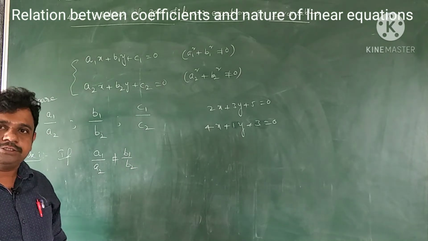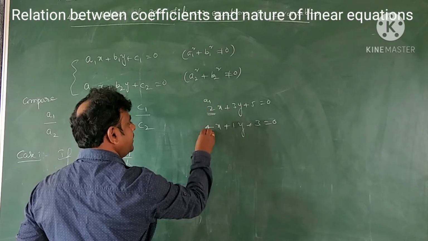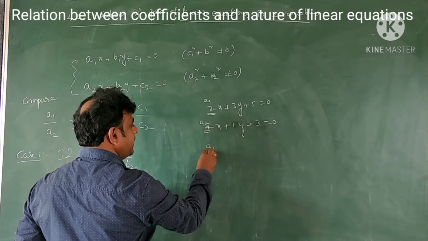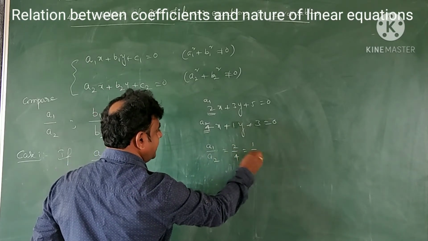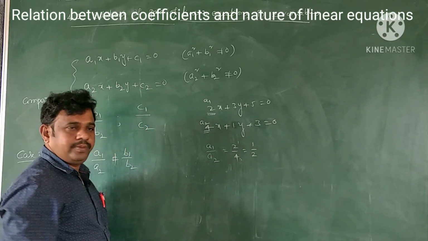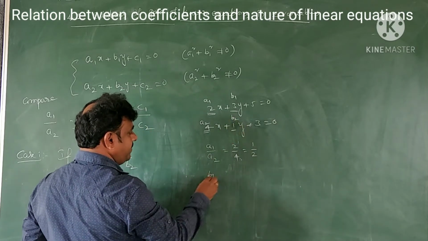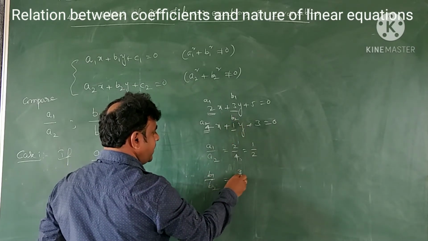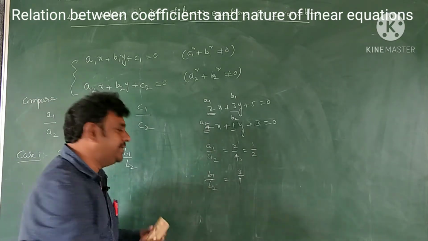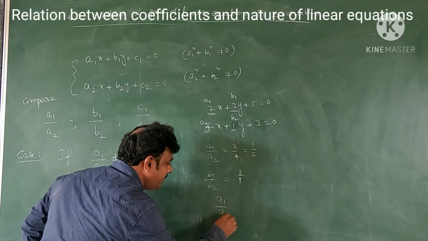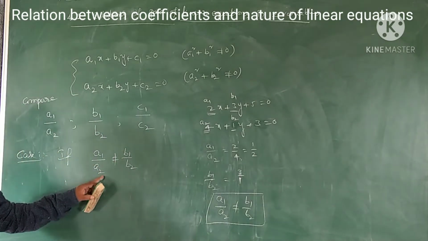Here 2 is a1 and 4 is a2, so a1 by a2 is 2 by 4, which is 1 by 2. Here 3 is b1 and 1 is b2, so b1 by b2 is 3 by 1. Checking, a1 by a2 is not equal to b1 by b2. This is case 1.